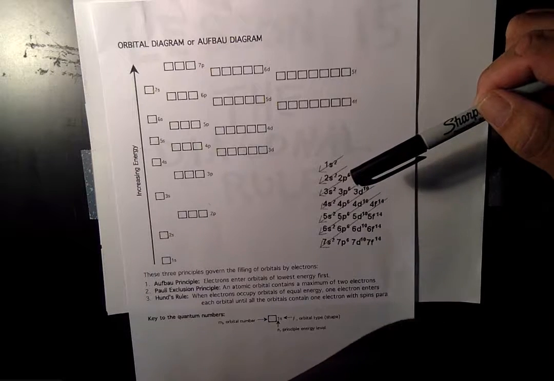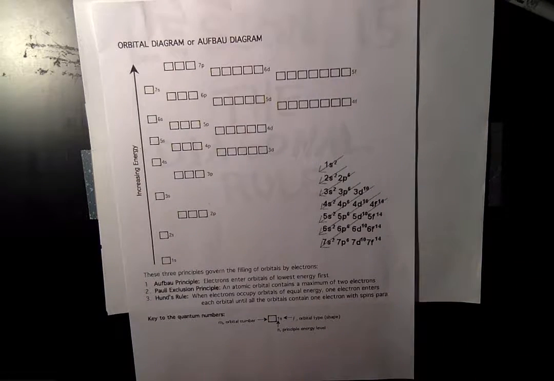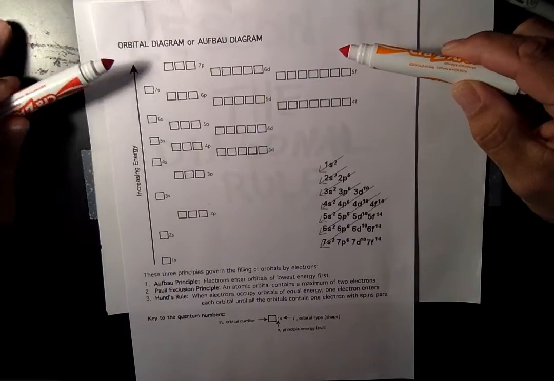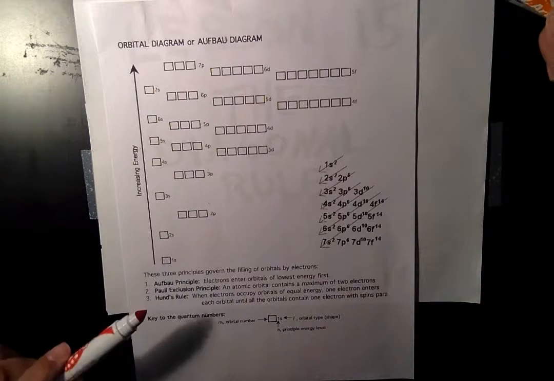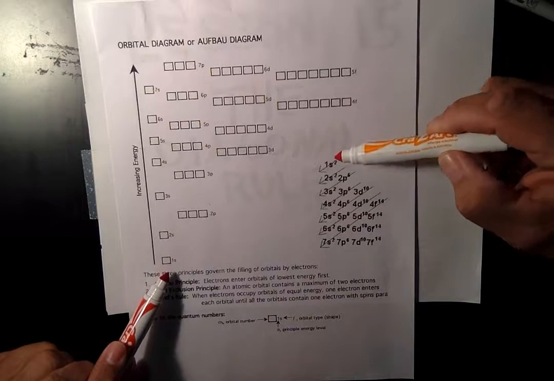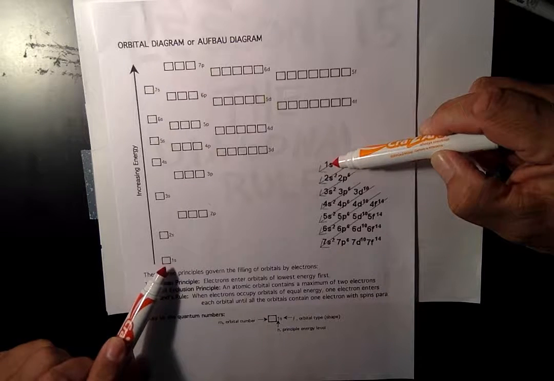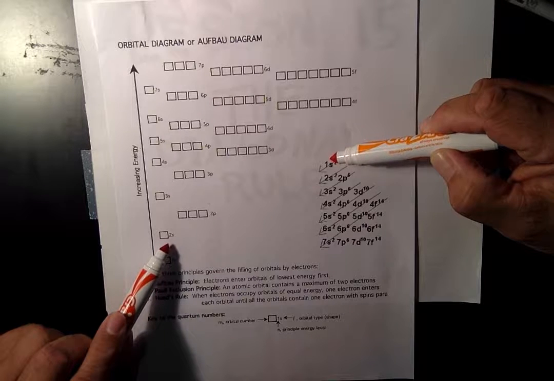Let me get out a couple of little markers here. Let me show you how we followed Aufbau's diagram. Right over here, we've got the 1s. And on the diagonal rule, our first place we go is the 1s. And as we go up the diagram, it shows you the next energy level, which is a 2s.